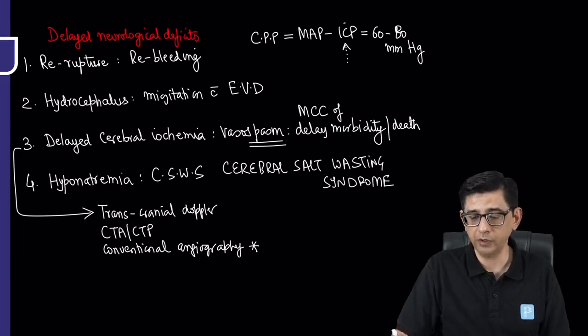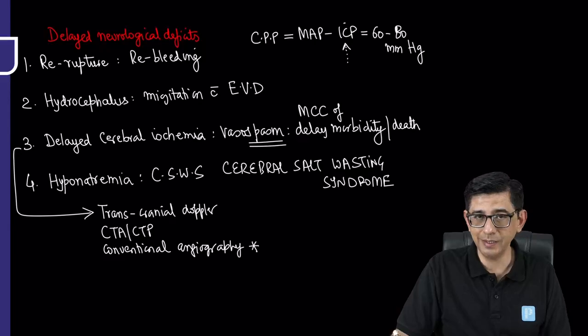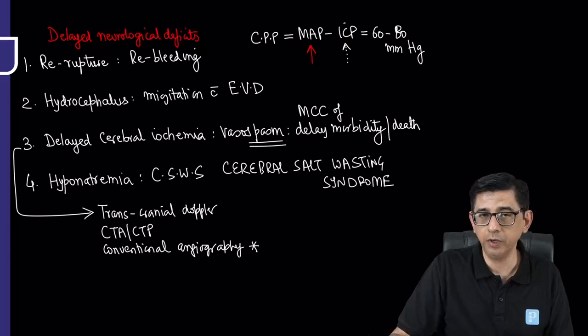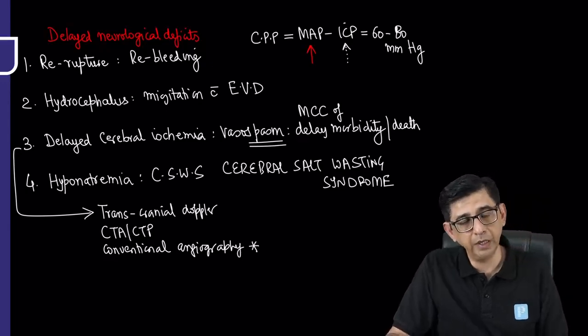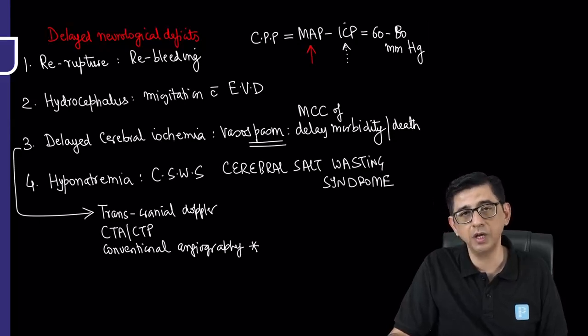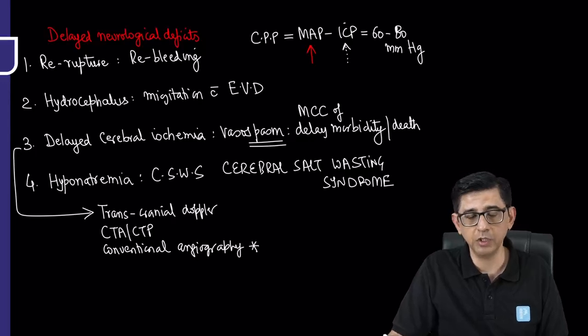To prevent this decrease in the cerebral perfusion pressure, what the human body will do is exhibit a vasoconstriction, which will cause an increase in mean arterial pressure. And suppose if ICP rises by 10 millimeter, and mean arterial pressure also rises by 10 millimeter, then the two will counterbalance each other, and once they counterbalance each other, the CPP of the patient will remain normal.